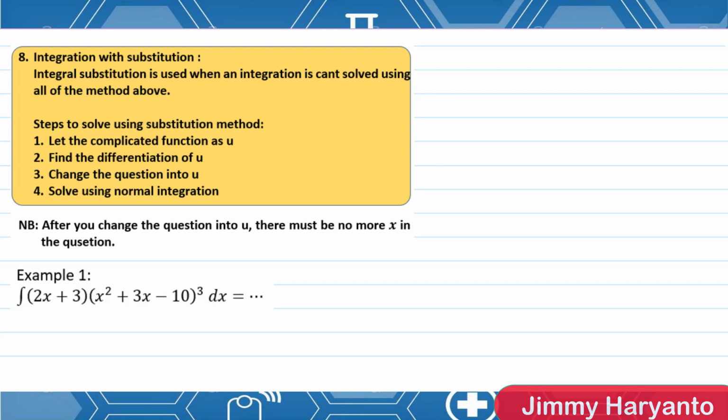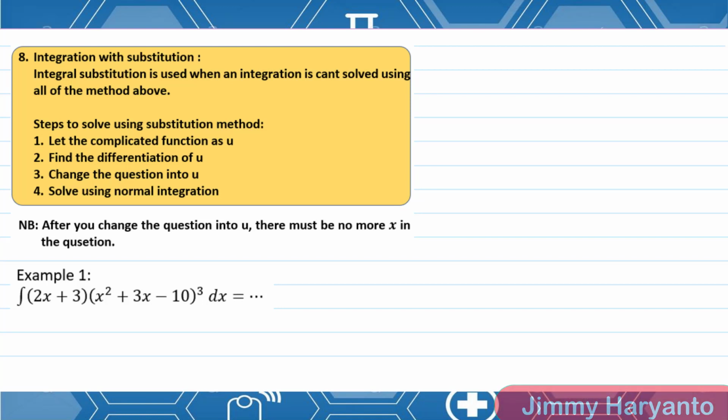The first one is let the complicated function be u, and then the second one is find the differentiation of u, and then the third one is change the question into u, and then the fourth one is solve using normal integration. Note that after you change the question into u, there must be no more x in the question.